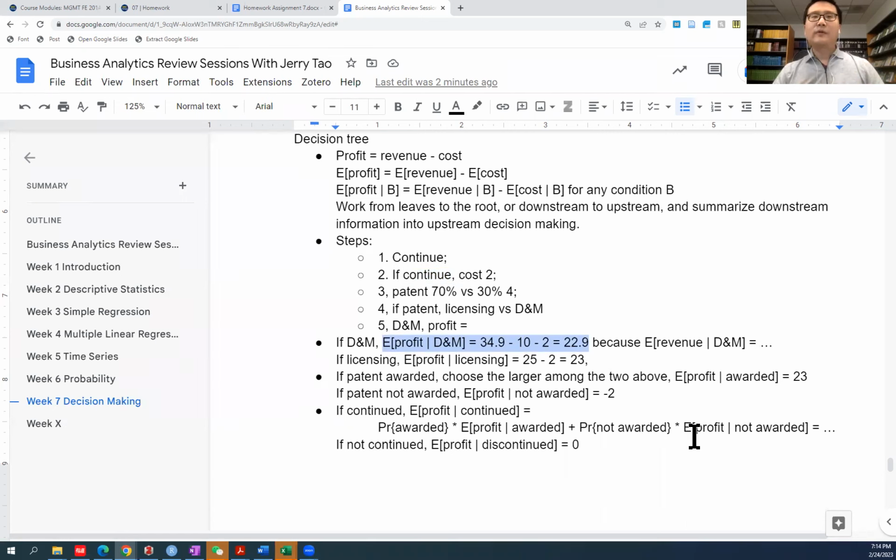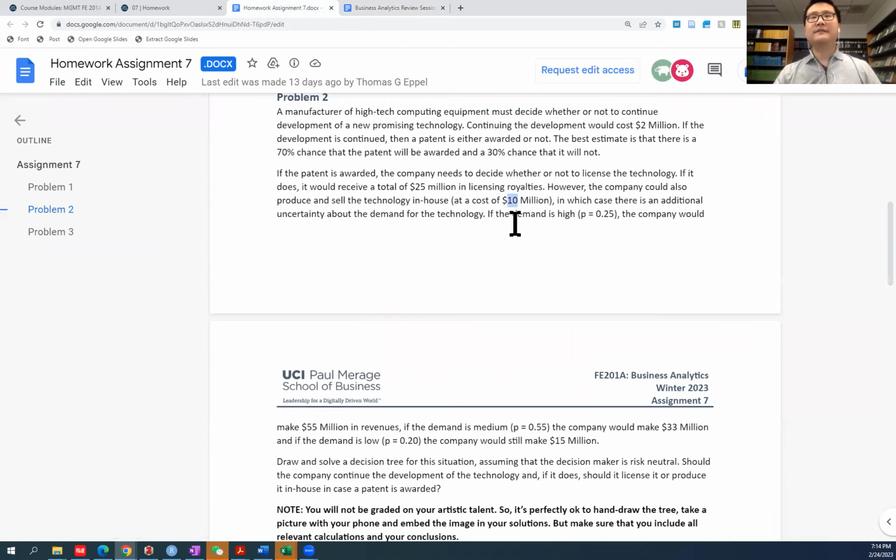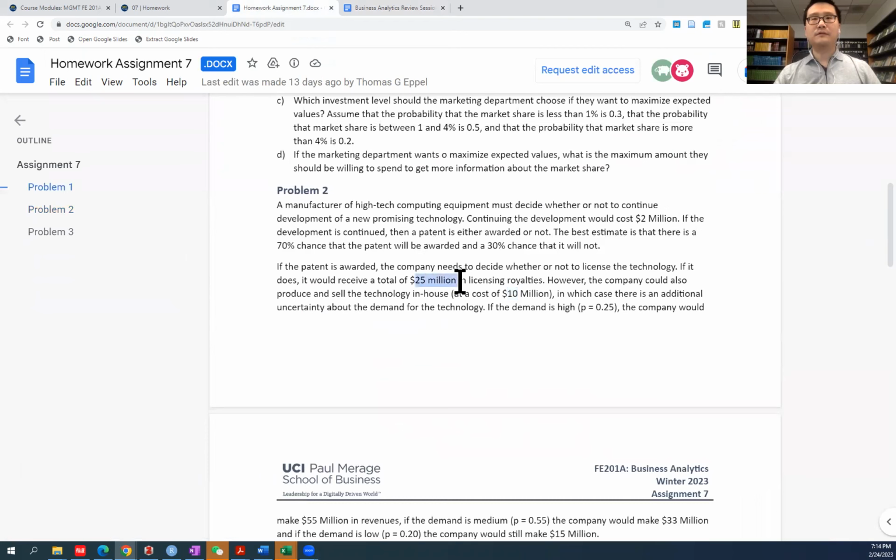Great. Now we know that if we chose development and marketing, the expected profit, the difference between revenue and all associated cost would be 22.9 million. So if we do licensing instead, know that what's given is the revenue of licensing. So if we already have the license, here we don't have to take care of any probability of getting patent or not.